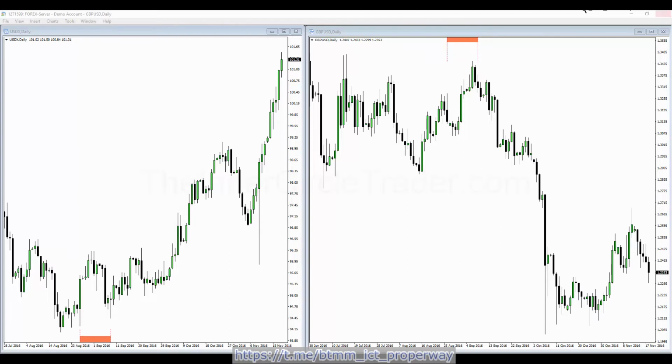And you can see that the cable made a higher high. Okay, so all indications here looked very bullish. So price was running through an old high here.